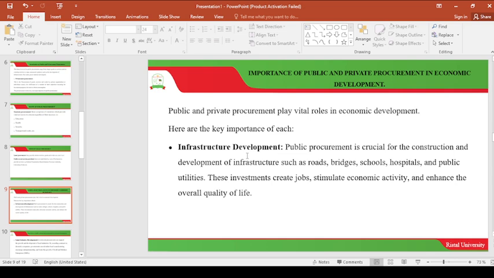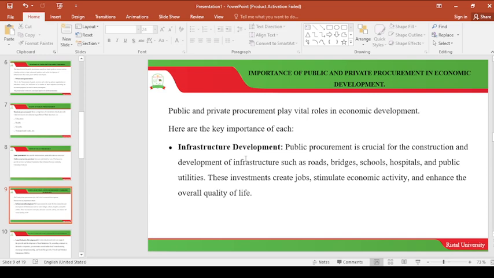One, we have infrastructure development. Public procurement is crucial for the construction and development of infrastructures such as roads, bridges, schools, hospitals, and public utilities. These investments create jobs, stimulate economic activity, and enhance the overall quality of life.